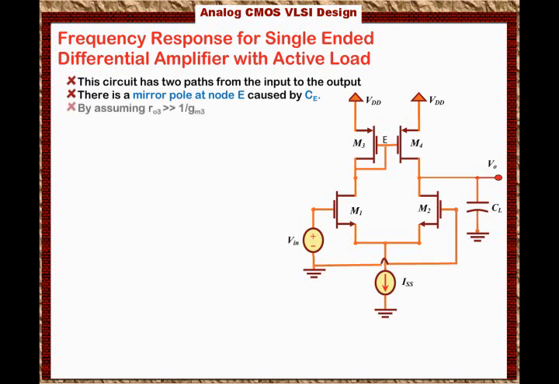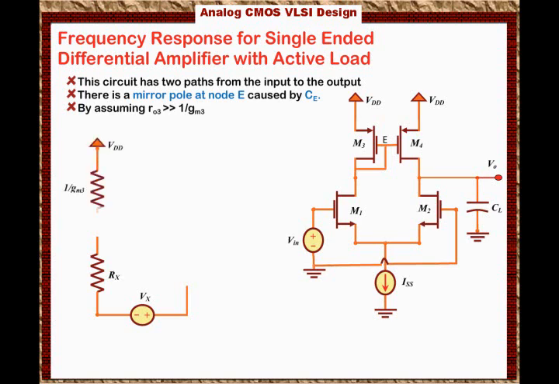So if we assume RO3 is much bigger than 1 over GM3, and if we Thevenize the two transistors M1 and M2, then the circuit can be approximated to look like this. We will have the voltage source Vx, that is the Thevenin voltage of M1 and M2, connected in series with the Thevenin resistance Rx, which is connected to M3.